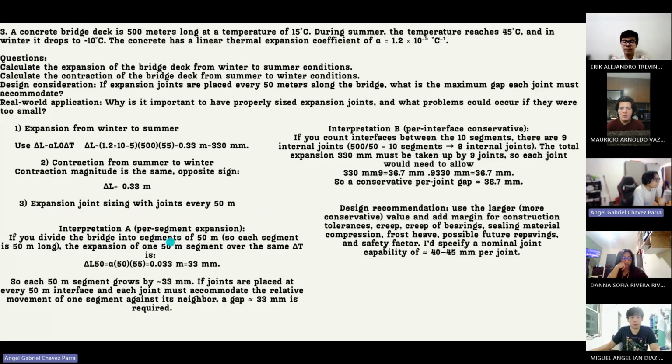3. Expansion joint sizing where joints are every 50 meters. Interpretation A, segment expansion: if you divide the bridge into segments of 50 meters, the expansion of one 50 meter segment over the same delta T is delta L equals alpha times 50 times 55, which is 0.033 meters, or 33 mm.